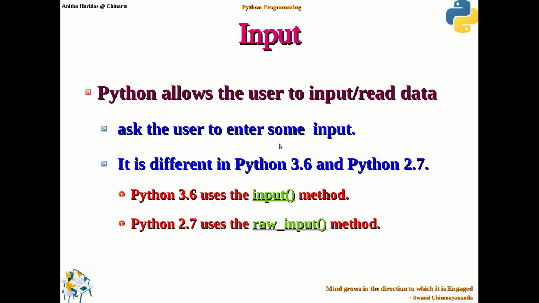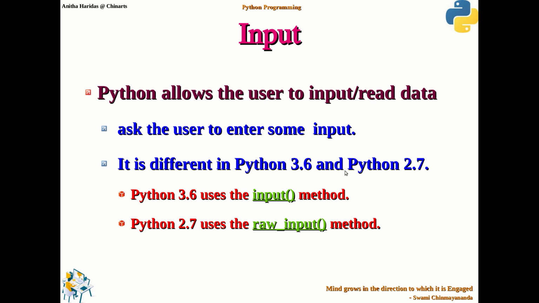So Python allows the user to input or read data. It will ask the user to enter some input, and it is different in Python 3.6 and Python 2.7. For our lab sessions we were using Python 3.6 because Spyder 3 is the IDE we are using in our lab session.